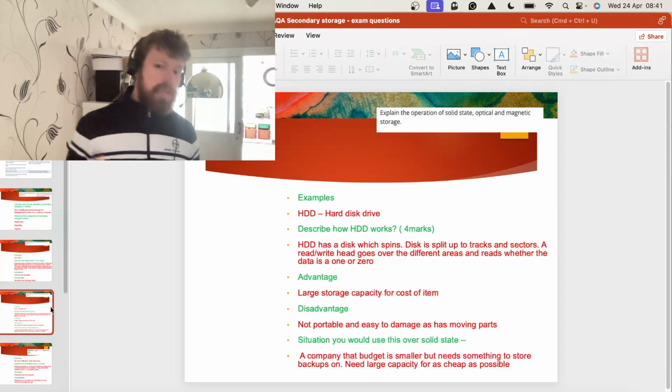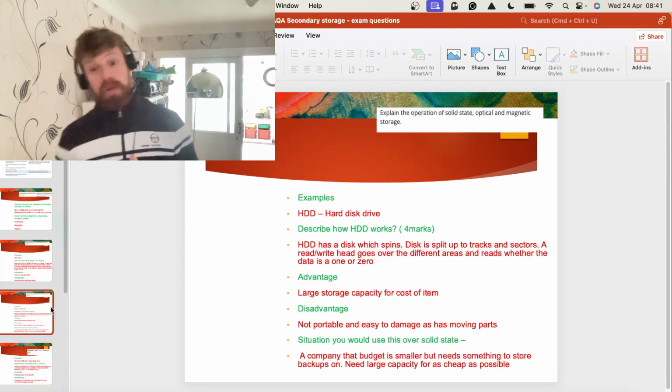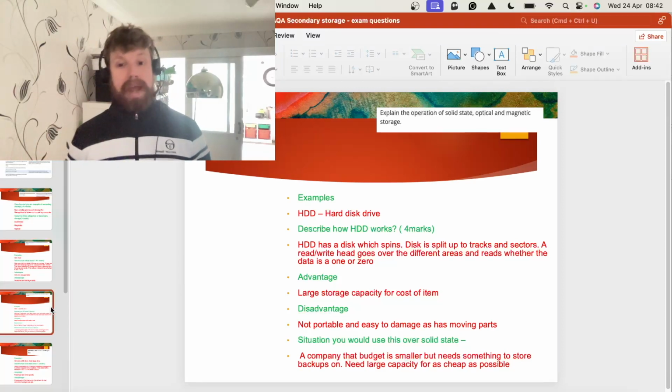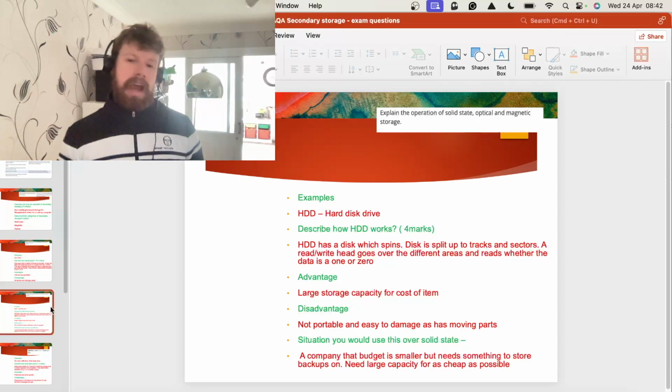The reason you would use a magnetic storage device, a hard disk drive, or a very, very large one, you could probably put this on a server, which has magnetic hard drives attached to it, is it's got a huge capacity and the read and write speeds aren't essential.